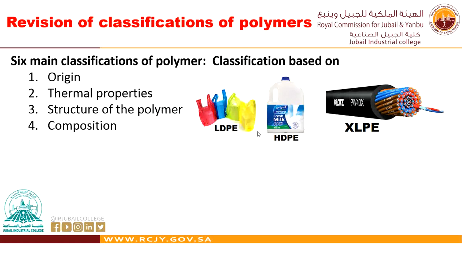The copolymer is also divided into four, depending on the arrangement of the monomers: alternating copolymer, random copolymer, block copolymer, and graft copolymer.